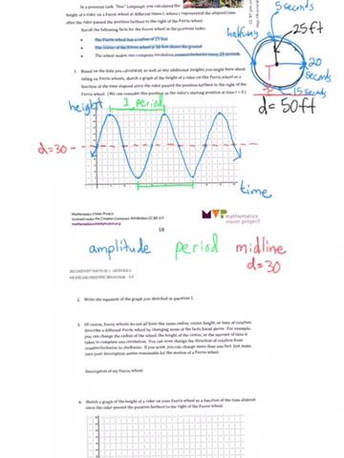The last way you can tell where a period of a function is, it's a little more difficult to tell, is usually from when the function goes up and then when it's going up again through that same midline. So that would be another example of one period of the function. Personally, I like to go from peak to peak or trough to trough. It's a little easier to tell. And in this case, the period of the function happens to be 20 seconds.